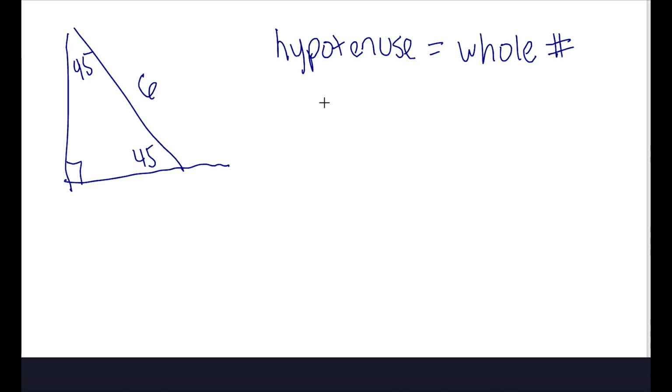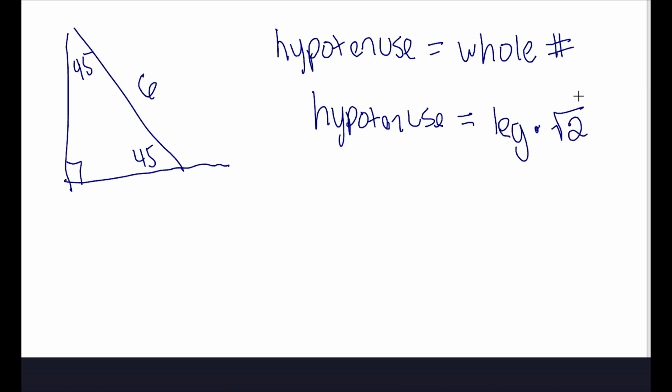Well, according to our ratios, the hypotenuse equals the leg times the square root of 2.